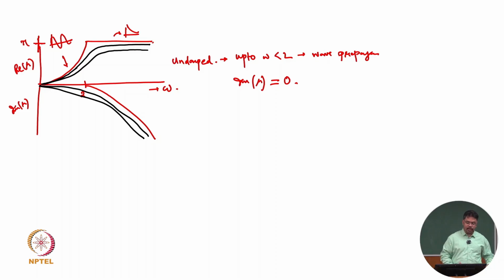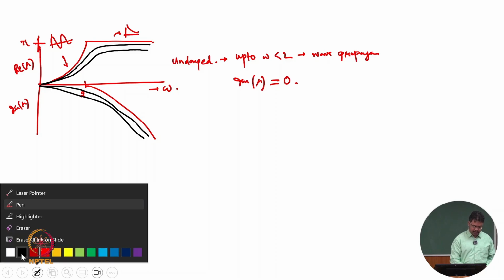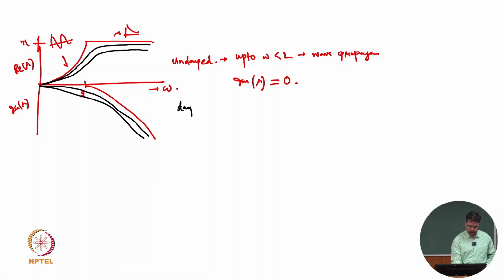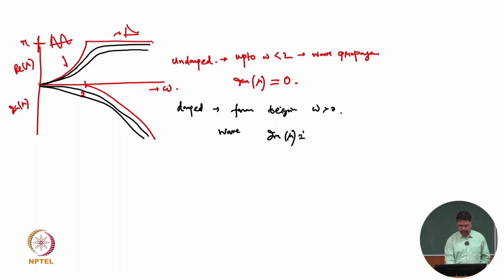But now what happened in case of the damped? From the beginning, like omega just greater than 0, you can see that imaginary mu is not equal to 0 as well as real mu is not equal to 0 or pi.